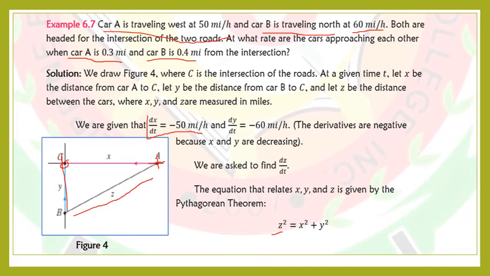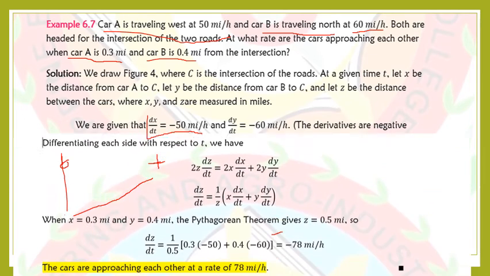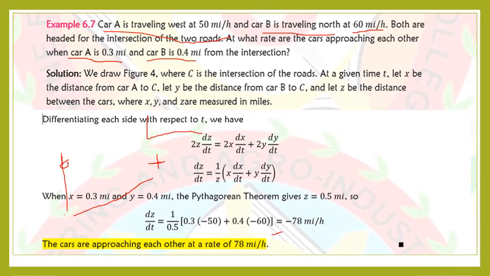So we have z squared, itong hypotenuse side natin, which is equal to the adjacent side plus the opposite side. Okay, differentiate natin siya each side. Wait lang, erase ko to. With respect to t, we have yung Pythagorean theorem, di ba, z squared is equal to x squared plus y squared.